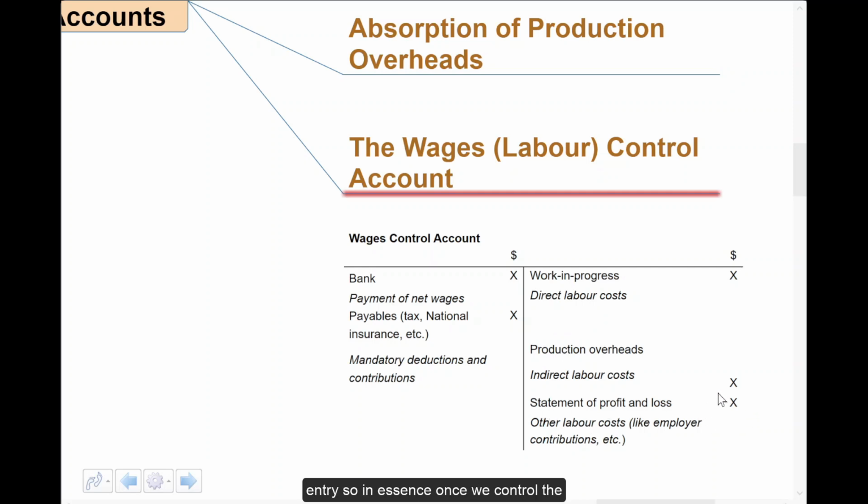So in essence, once we control the account, the wages control account, this is the entry that will be taken to the profit and loss account as the total wages charge, but it will be controlled in this account. In other words, balance, because the two sides should balance, with this element being the total.